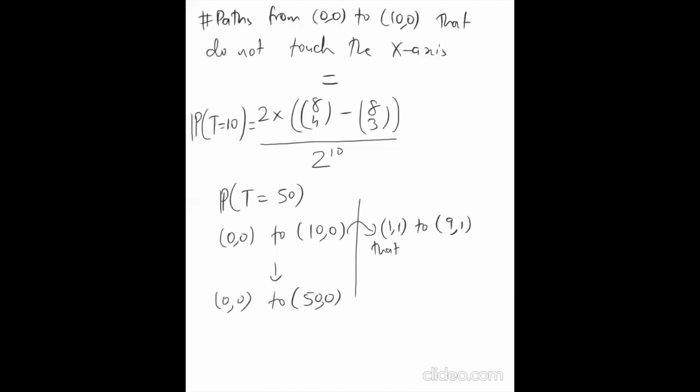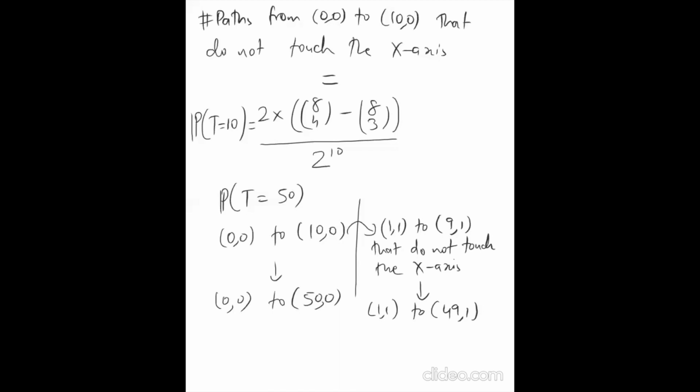that do not touch the x-axis. Okay, so then in the case of 50, what that would change to is (1, 1) to (49, 1), right?